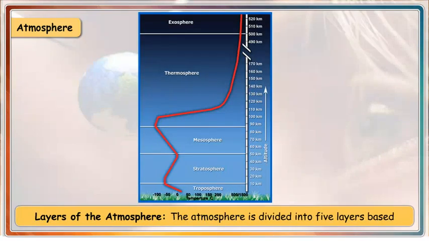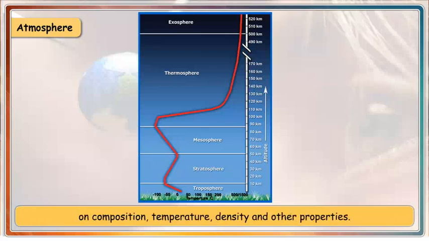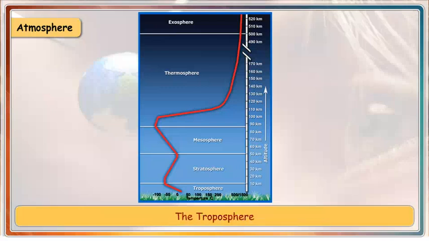Layers of the atmosphere. The atmosphere is divided into 5 layers based on composition, temperature, density, and other properties. These layers starting from Earth's surface are the troposphere, the stratosphere, the mesosphere, the thermosphere, the exosphere.